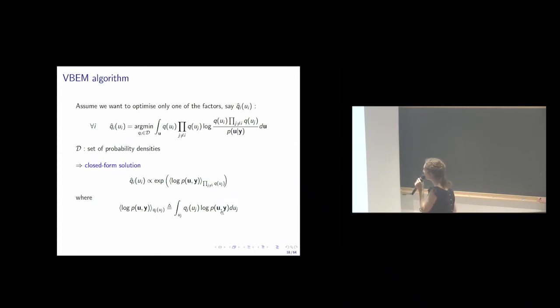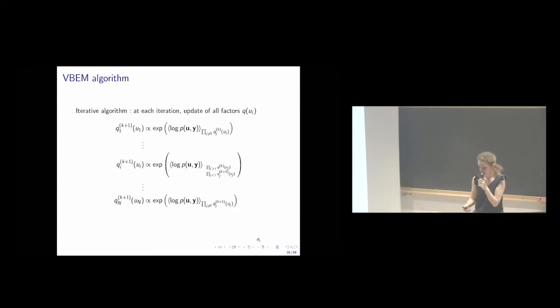So if I just optimize for this particular factor, I get a closed form solution, which I wrote here, and I see that this is proportional to an exponential, and inside you have an integration over all the other factors, different from i. Okay, so this is interesting.